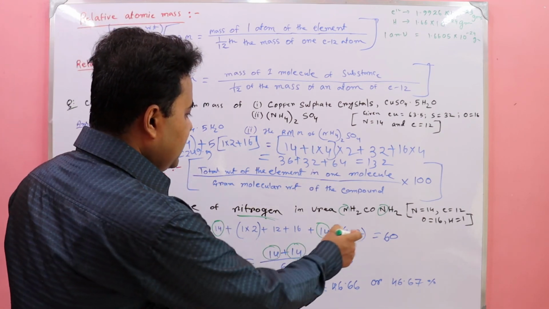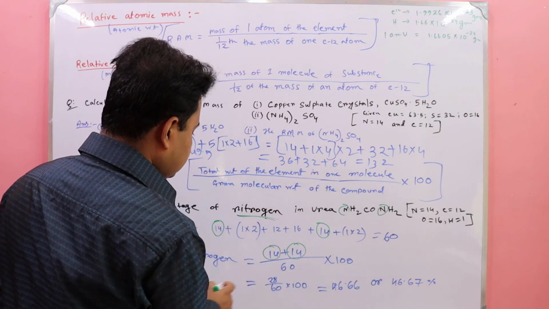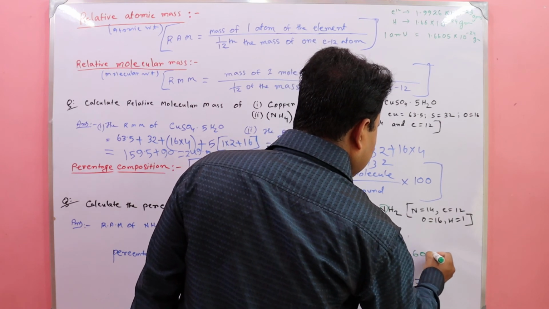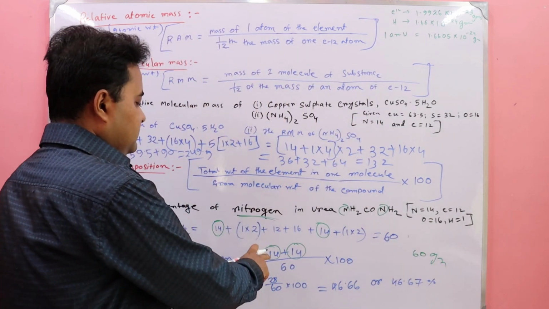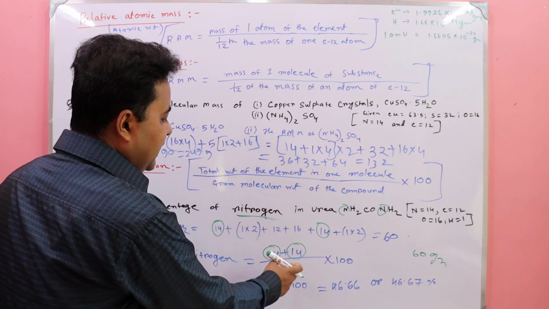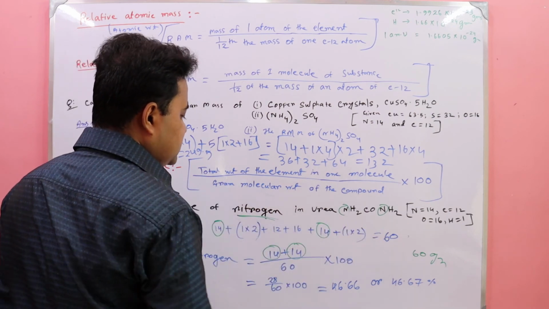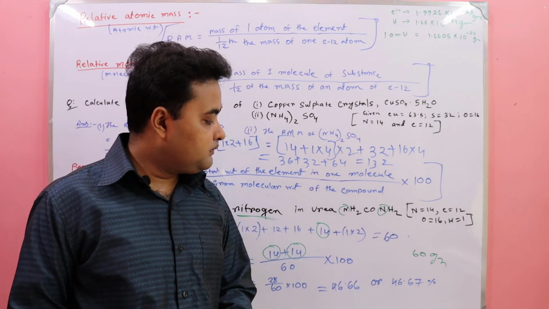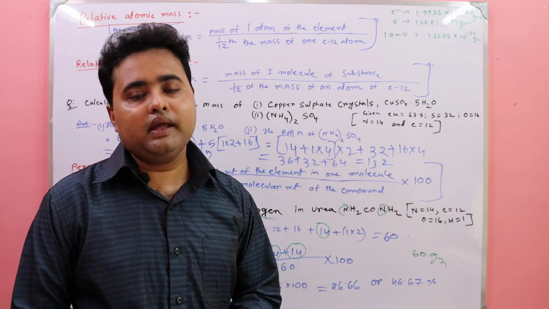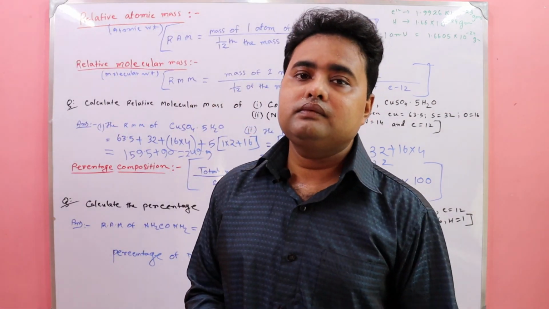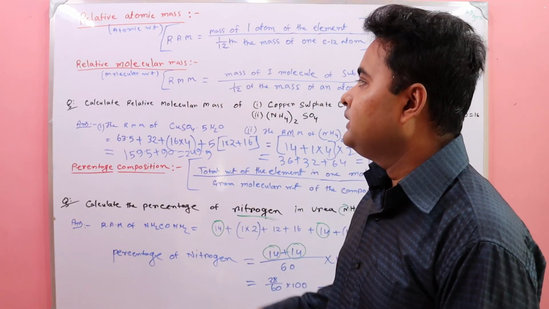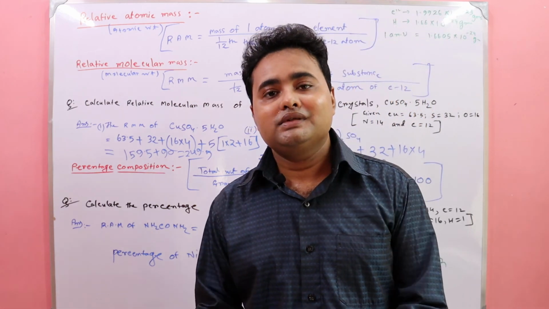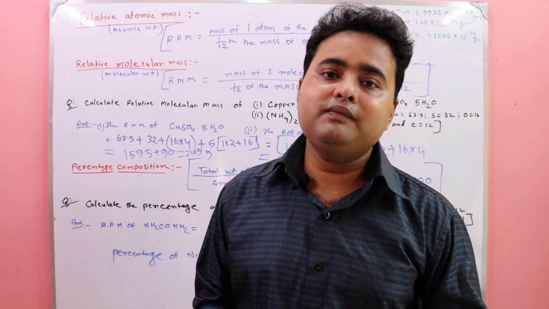So here the total is 60, that means the gram molecular weight is 60 grams. Now total nitrogen is 14 plus 14, 28, by 60, the total molecular weight, into 100, and it becomes 46.66 or 46.67 percent. Okay. This is the way to calculate the relative molecular mass and also the percentage composition.